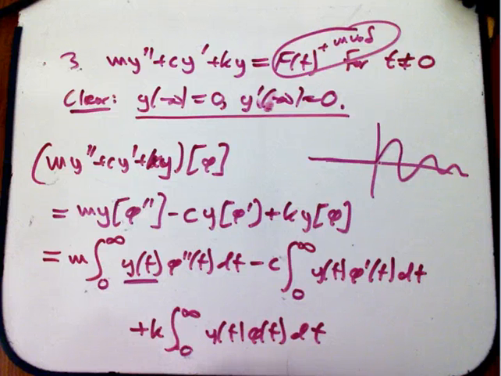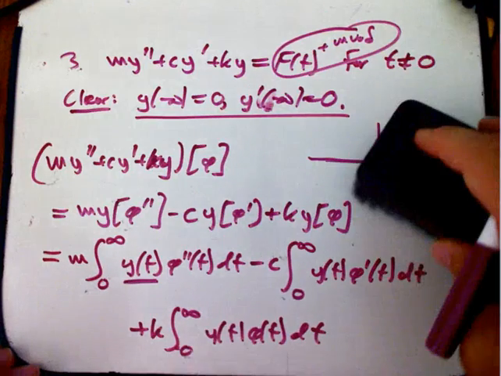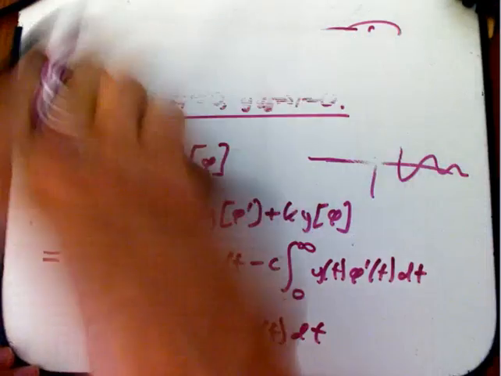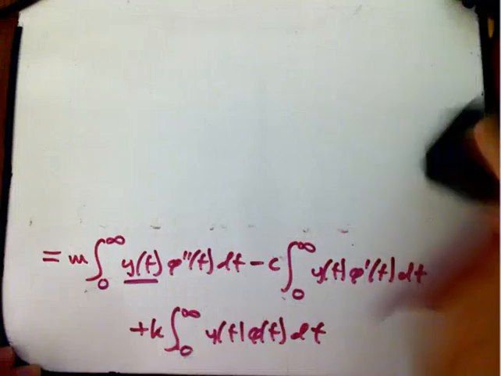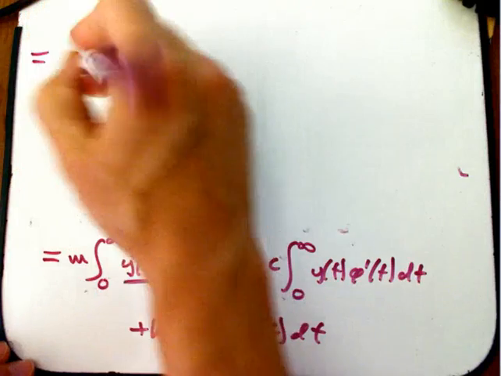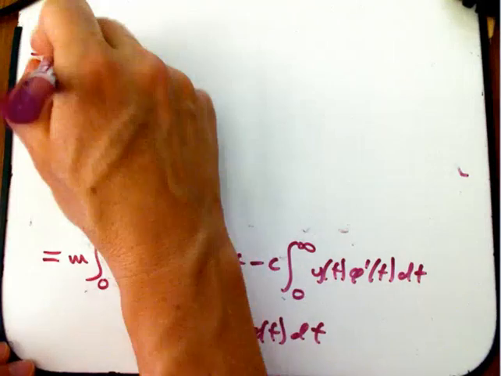That's the first thing. Now I'm going to do an integration by parts on here and an integration by parts on here, and I do actually have to rewrite. So this is going to be m.